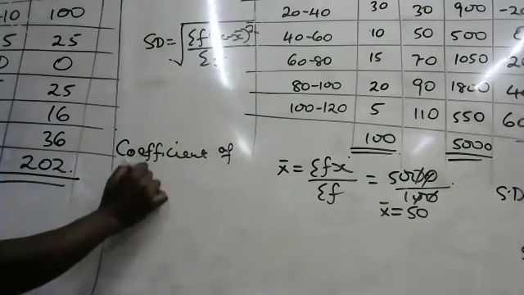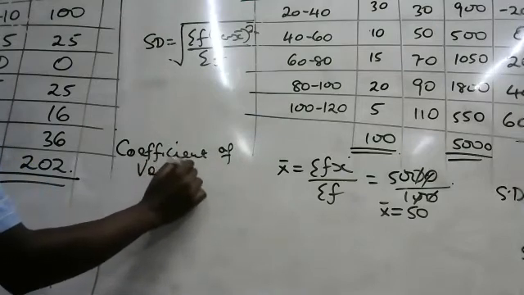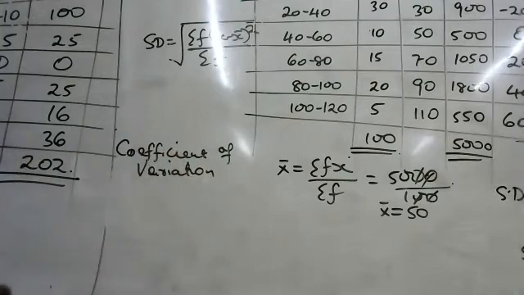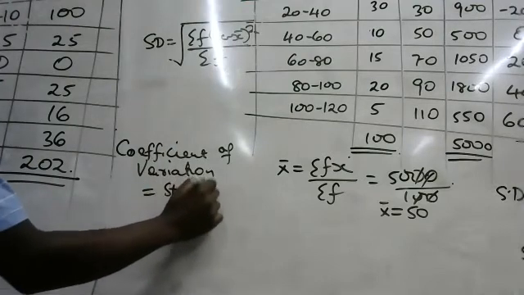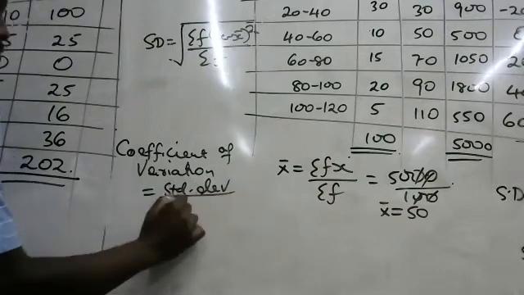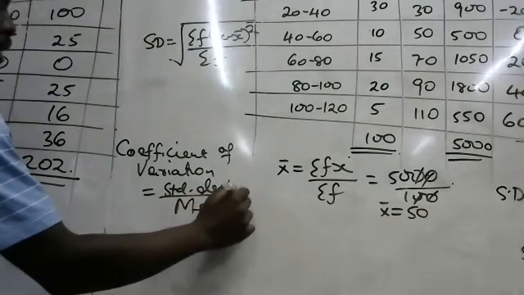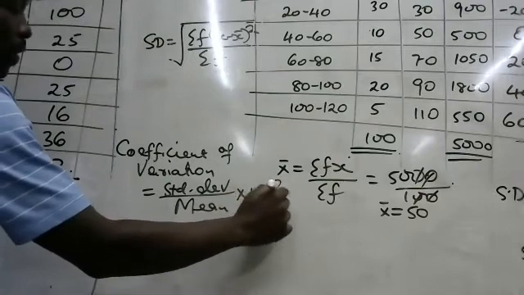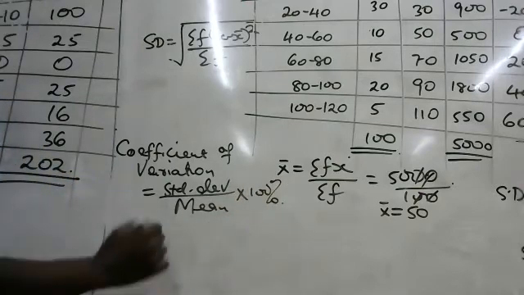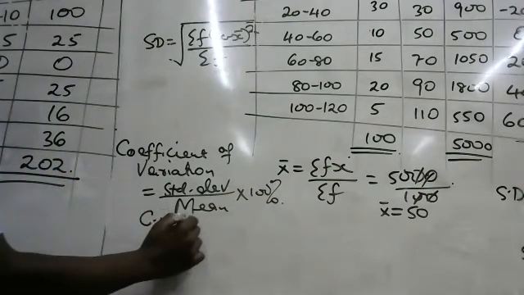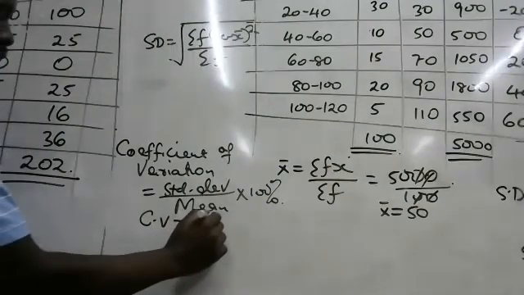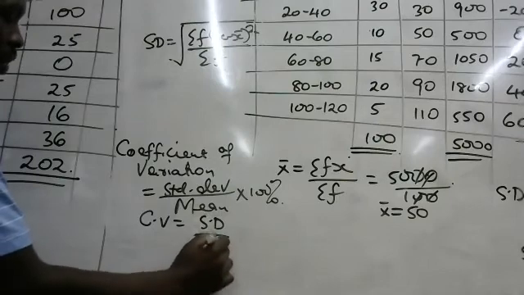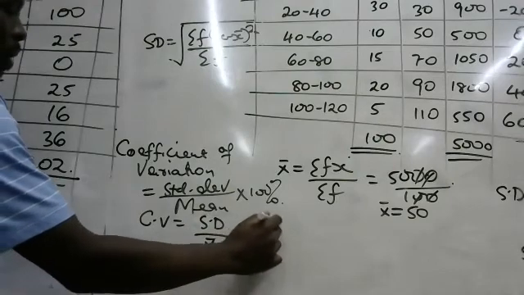Coefficient of variation is given by the standard deviation over the mean times 100%. So CV is given by the standard deviation, or S, over X bar times 100%.